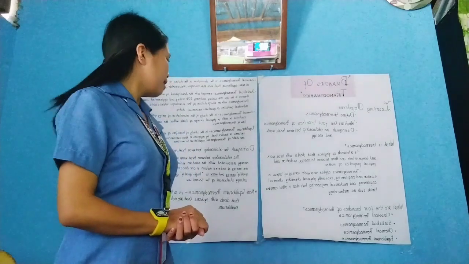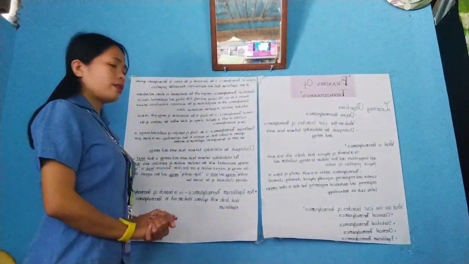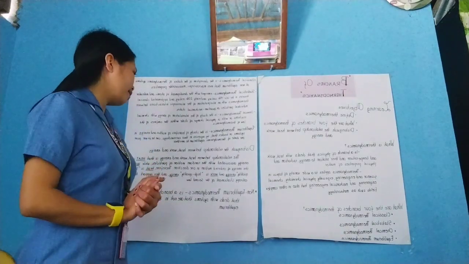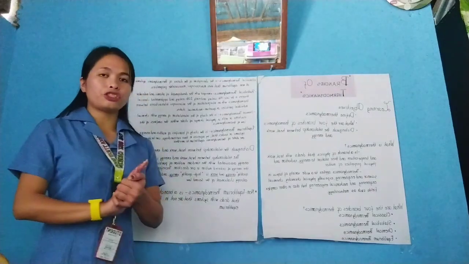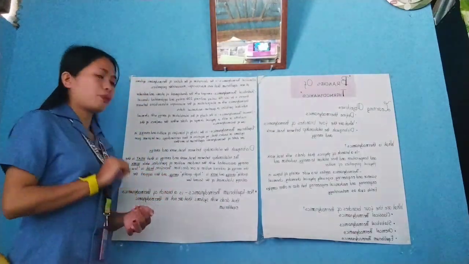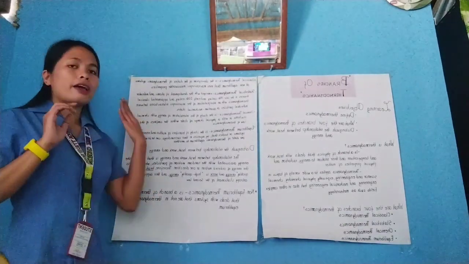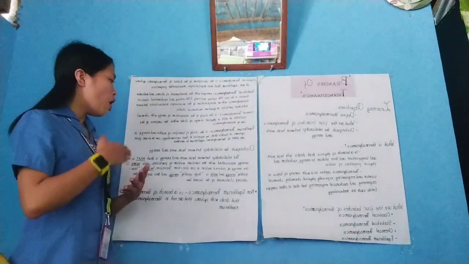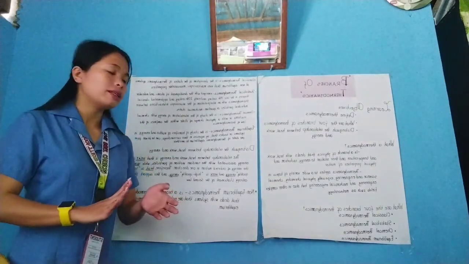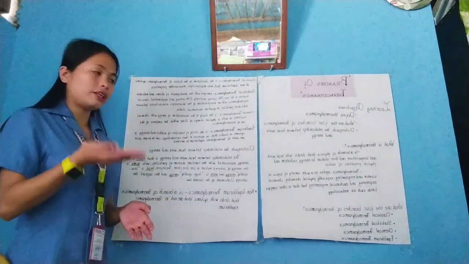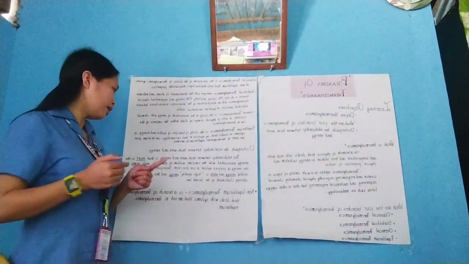Last is to distinguish the relationship between heat, work, and energy. Heat is the energy associated with the random motion of particles, while work is the energy of ordered motion in one direction.